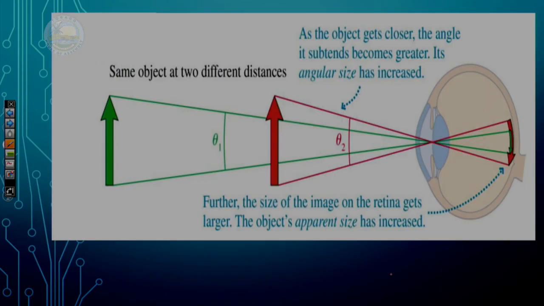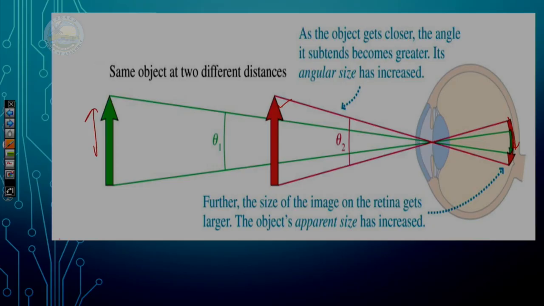So let us look at the distances of objects. If an object is close to the eye, as in the example of the red arrow, when light leaves that object and is entering into the eye, we want the image of that arrow to be formed on the retina at the back here. So because the object is close, what we want is the light to bend more or to converge sooner at the back of the eye, as opposed to if the object is very far away, as in the case of this green arrow here.